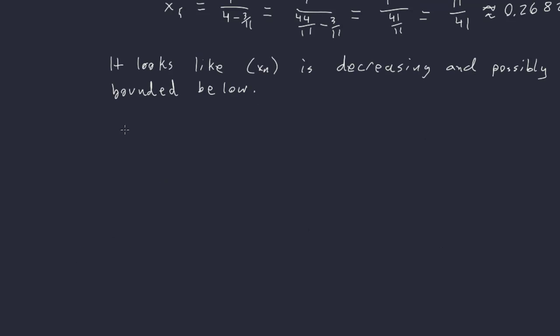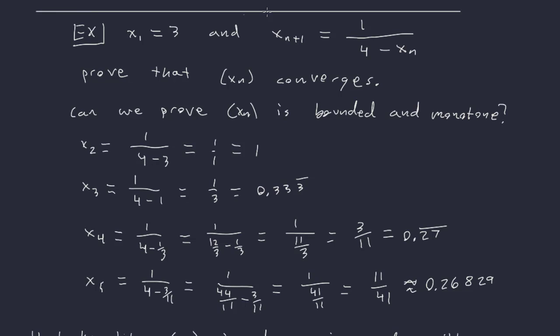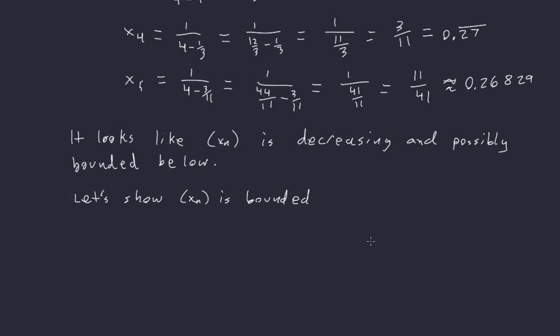So, okay, let's start by showing that xn is bounded. Now, a good candidate for that is maybe 3, right? Let's show that xn is bounded by showing that the absolute value of xn is less than or equal to 3 for all n in the naturals.